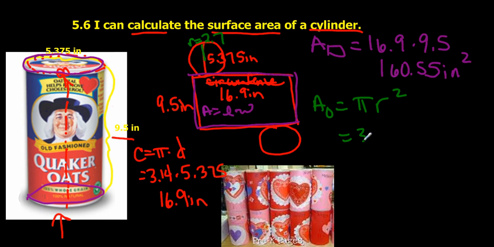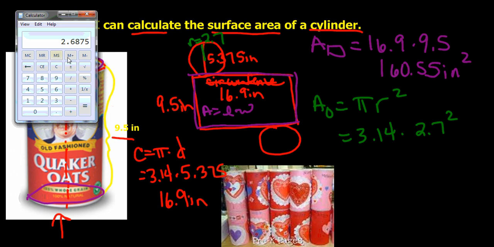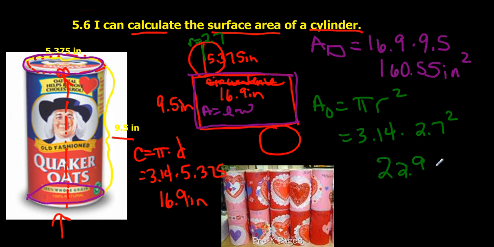So I go 3.14 times 2.7 squared. I'm going to calculate that: 2.7 times 2.7 times 3.14. Remembering that in multiplication the order doesn't matter, I get 22.9 inches squared.